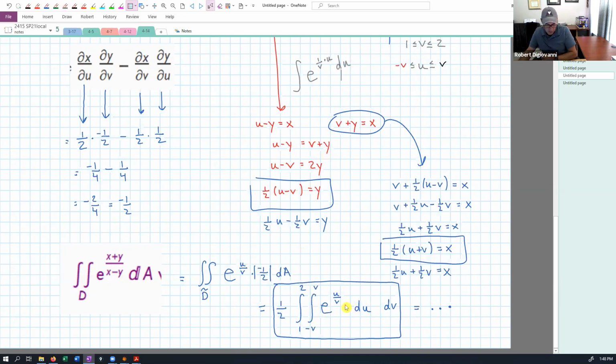So if I was trying to do this inner integral right here, I would look at the v as a constant and bring it out front as 1 over v. And so the antiderivative of that should be itself, but you have to scale it by what? Derivative of the power.